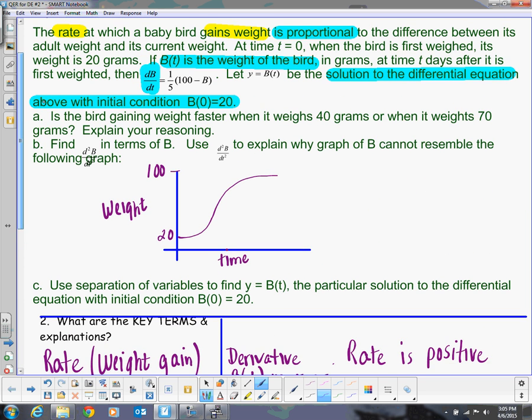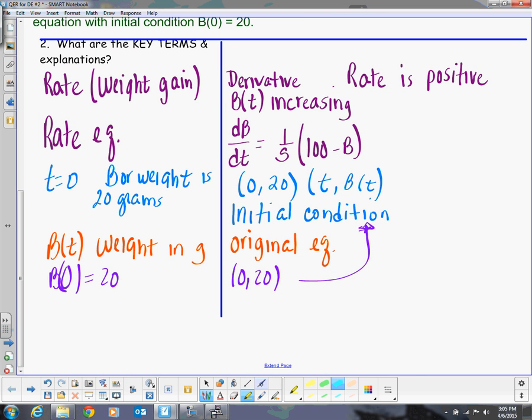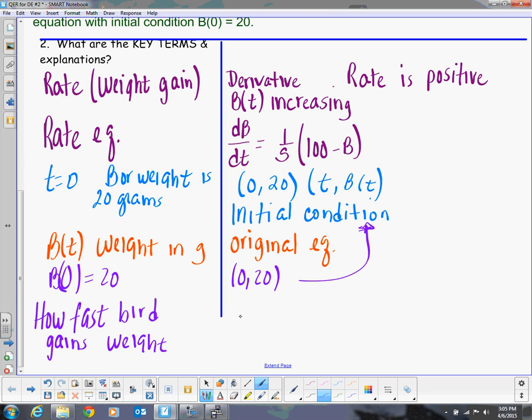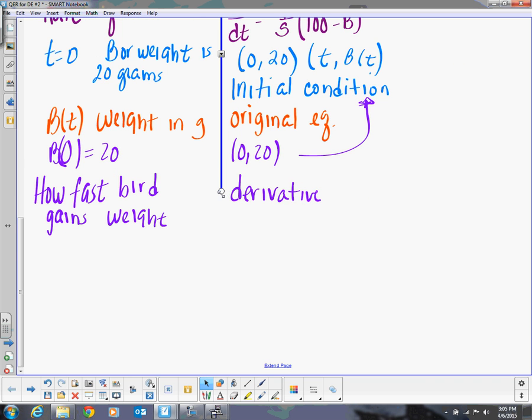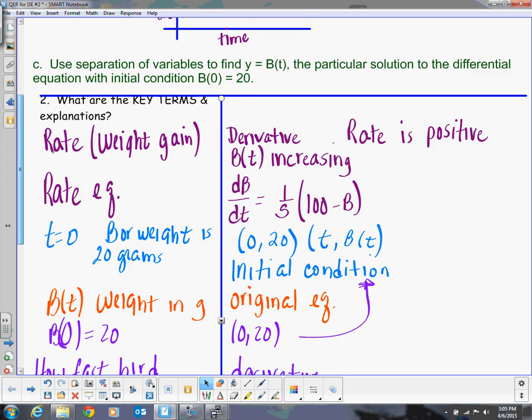Going back up, it said, is the bird gaining weight faster? So we're talking about weight gain. So if I want to talk about how fast the bird gains weight, then that's speaking of the derivative. How fast is the bird gaining weight speaks of the derivative.